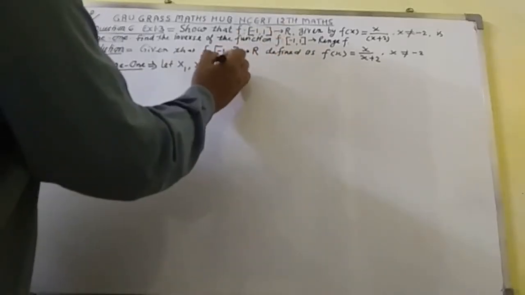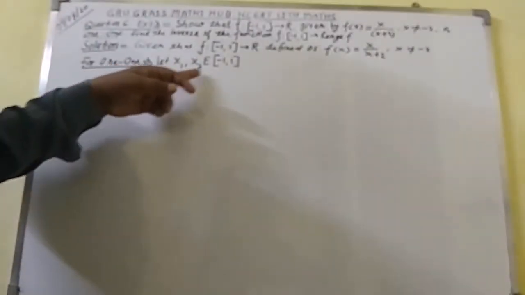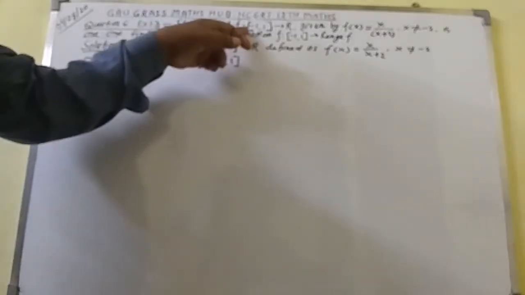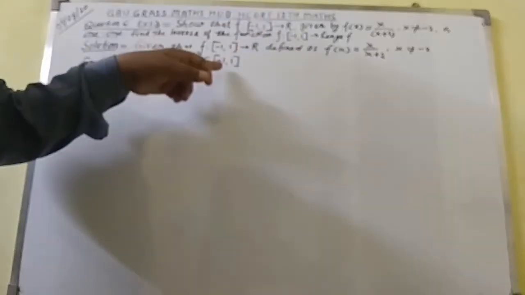So here I shall write closed interval [-1, 1]. So I have written let x1, x2 belong to [-1, 1]. This one is the domain.